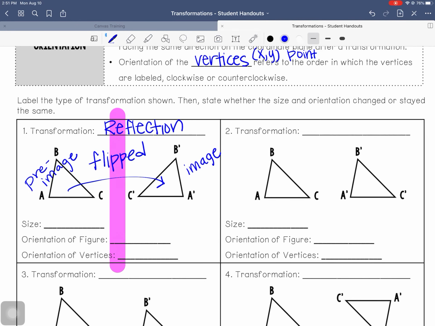So, did the size change or stay the same? The size looks the same to me. The orientation, I think that changed because on this one, my C is on the right side of the figure, and on this one, my C is on the left side. So that changed. The orientation of the vertices also changed.